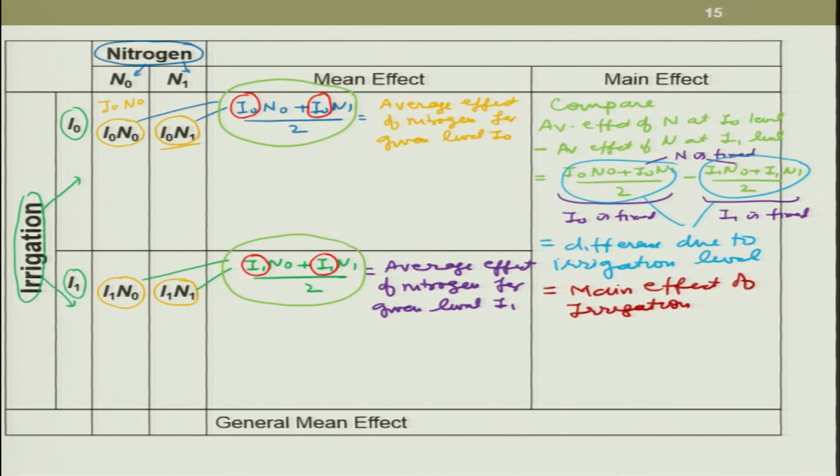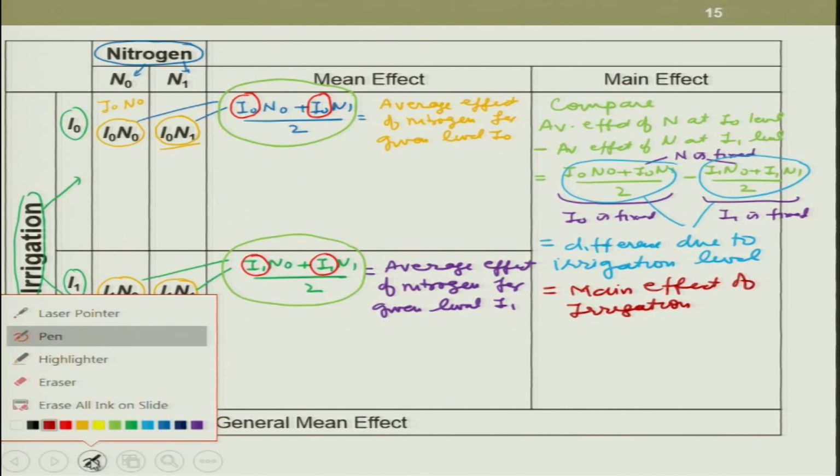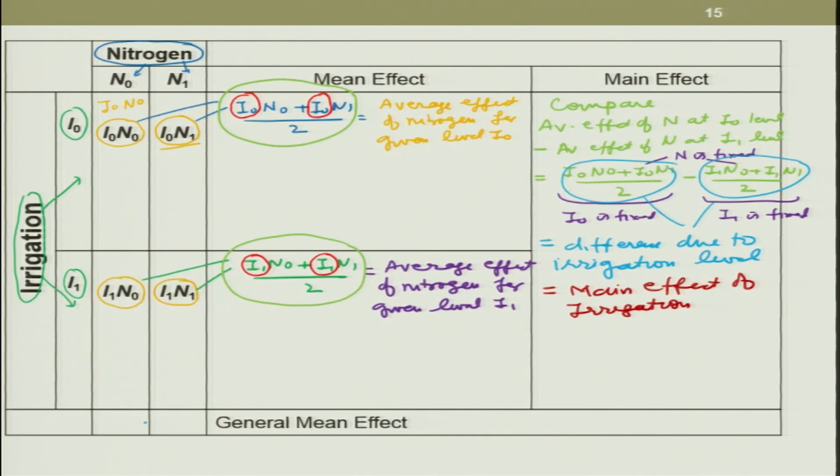Now I do one more thing here. This I have expressed in practical language. Practical language means whatever are the symbols and notations of this experiment. Now I try to denote them in a different way.